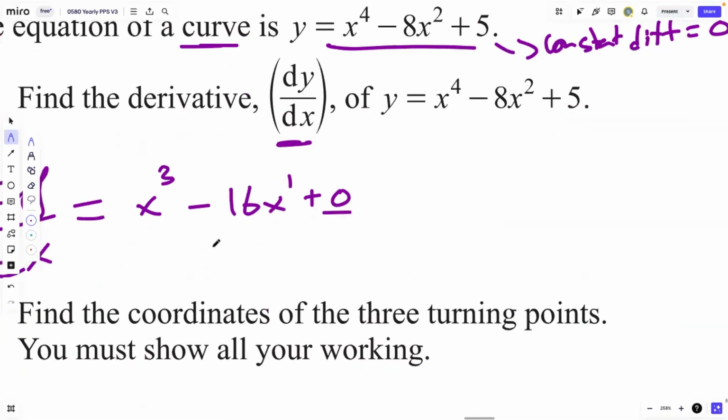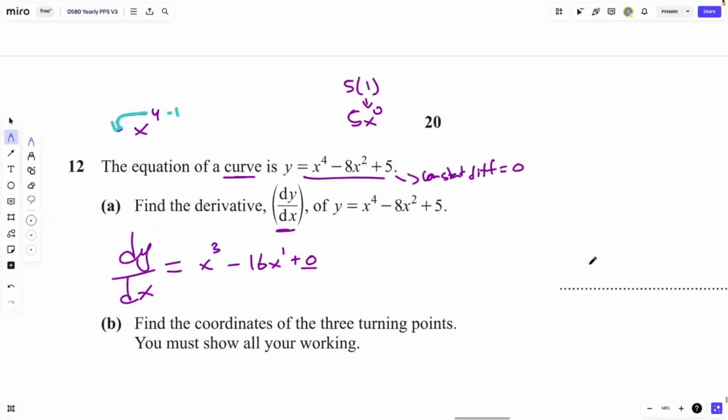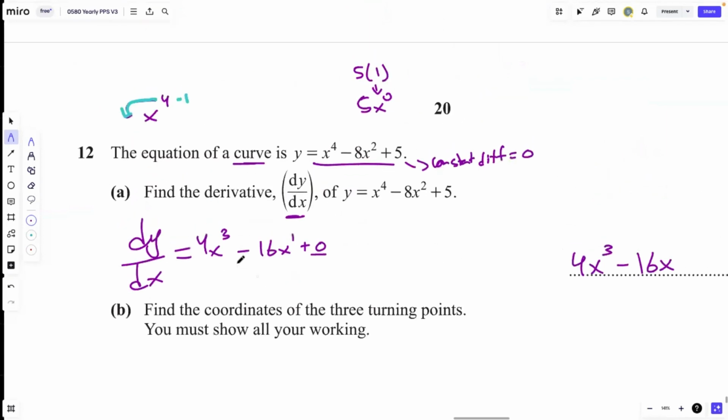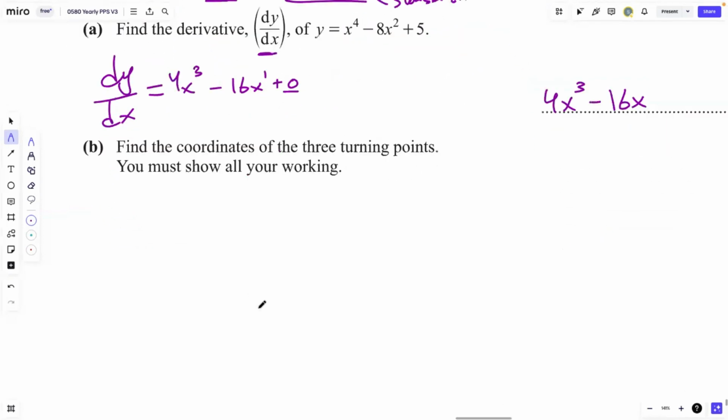That's why you have a 0 here. And the final answer is going to be 4x cubed minus 16x, because 4 times 1 is going to give you 4.